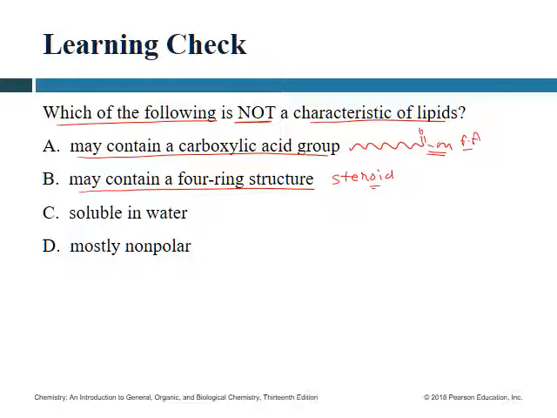C is soluble in water. So in the first slide we just learned that lipids are not soluble in water or not soluble in polar solvent. They are always soluble in non-polar solvent, or you can say organic solvent, right?